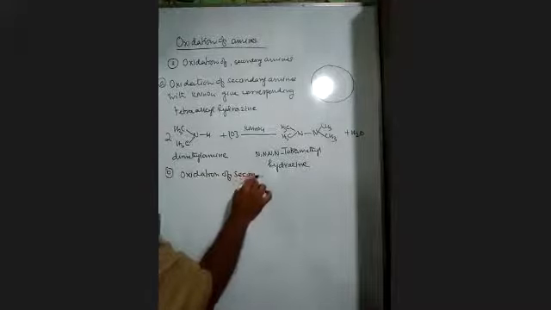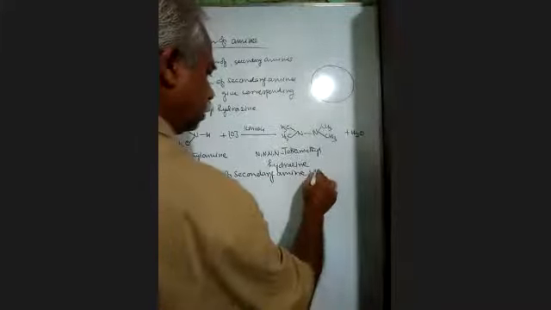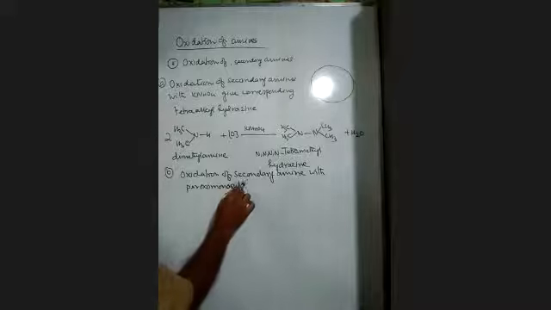Okay, now see. This is A. B. Oxidation of secondary amine with peroxymonosulfuric acid.